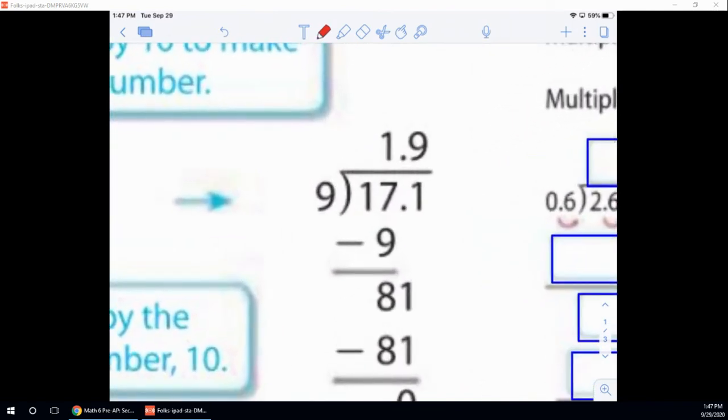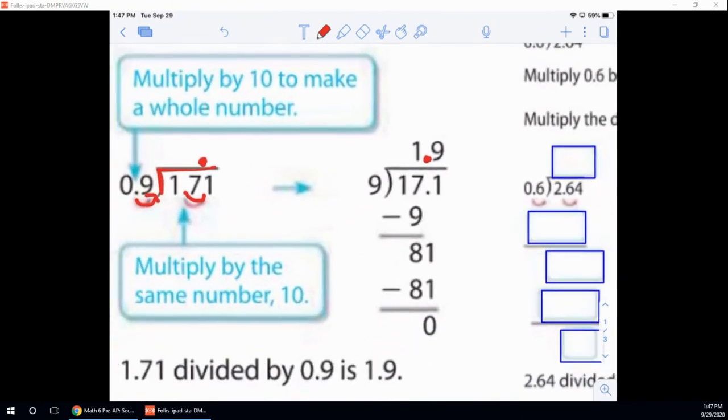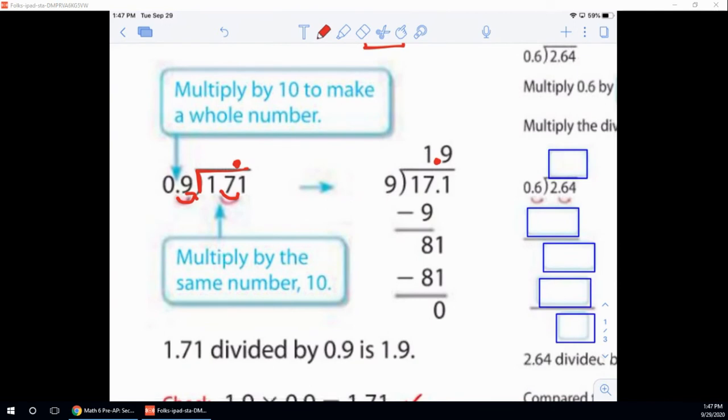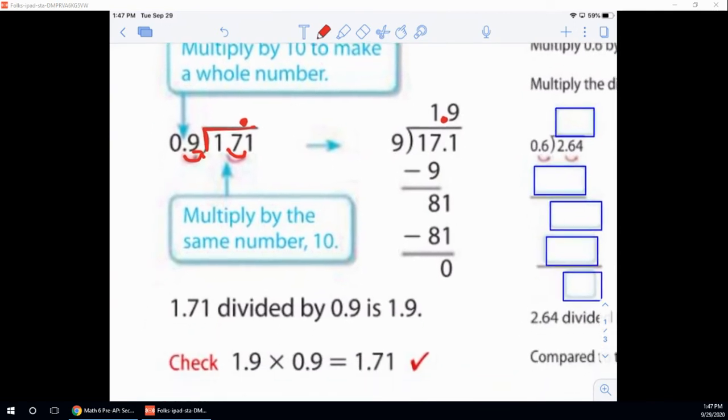Just as you multiplied before, here we're just going to divide. We already have our decimal in our quotient, and then we're just going to do regular long division. 9 goes into 1, no, 9 goes into 17 one time, and so forth. Now, unlike multiplication, I don't have to move my decimal ever again. That's my answer. There's no moving the decimal afterwards.